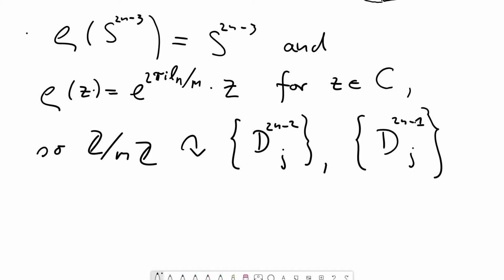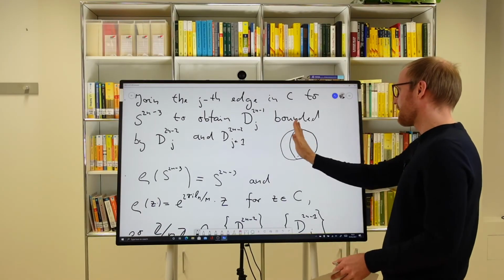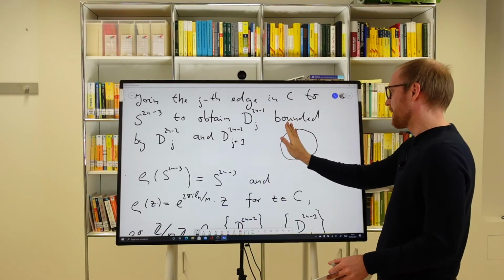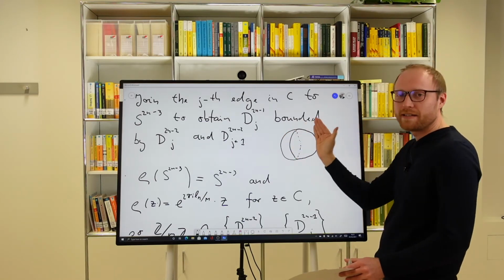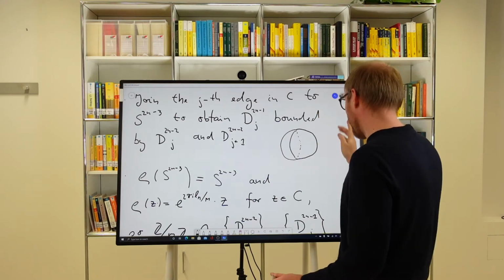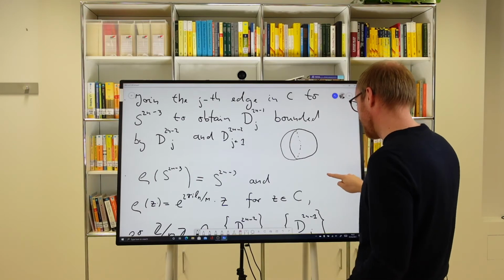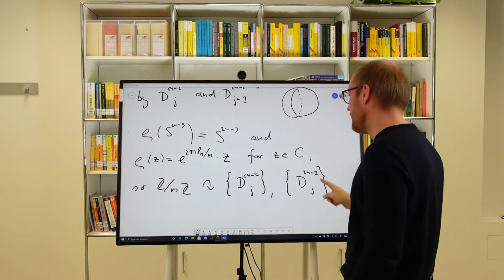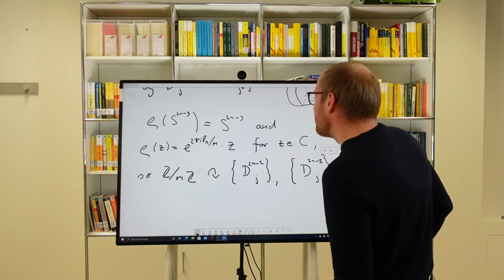In our picture, the next lens, the next disk, would come here as a right neighbor, and the action would just rotate it around the circle by this angle, 2π l_n divided by m.